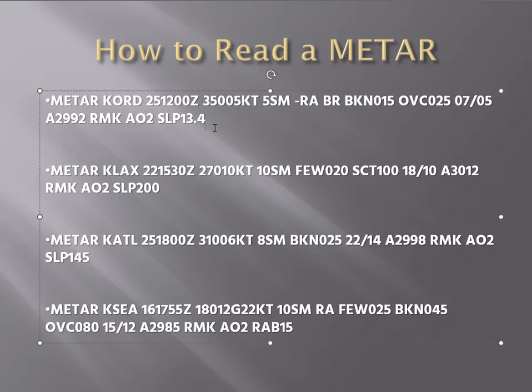So here's sea level pressure 13.4, okay? There's always a period before the last number. And so in this space here, this number is either going to be a 9 or it's going to be a 10. If it was a 9, this would be 913 millibars.